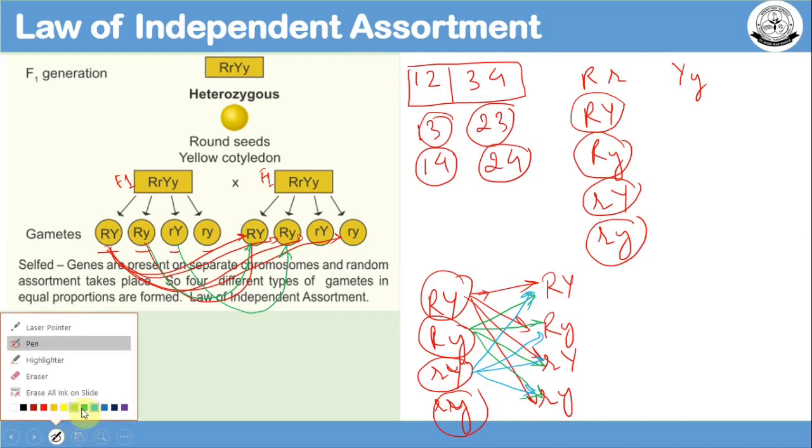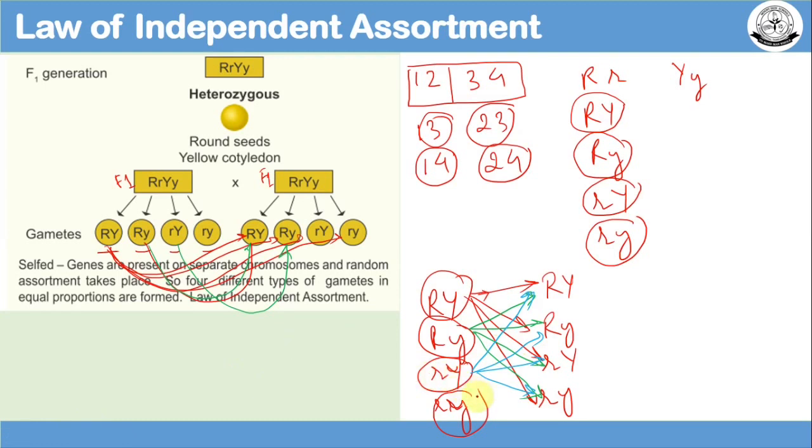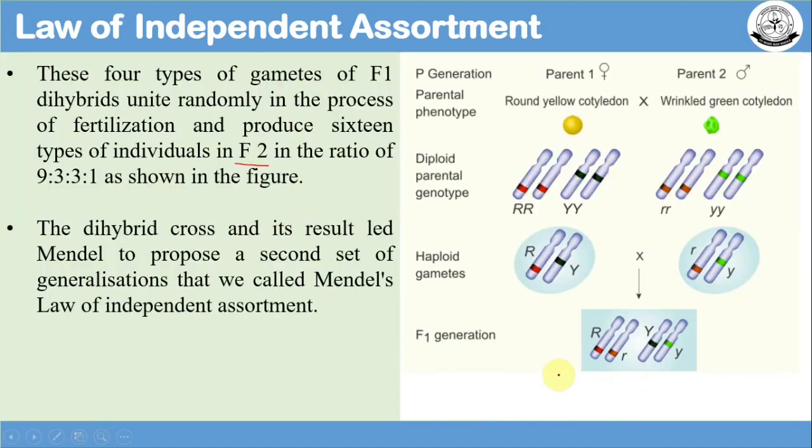Similarly, the fourth gamete has independence to get fertilized with the first, second, third, and fourth one. So there are a total of 16 combinations possible. Okay, so let's see.